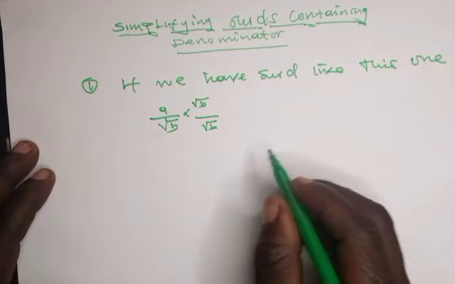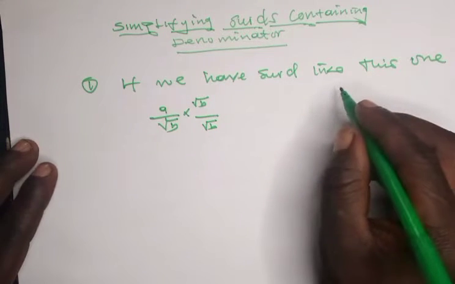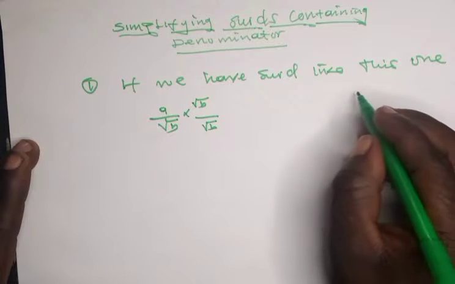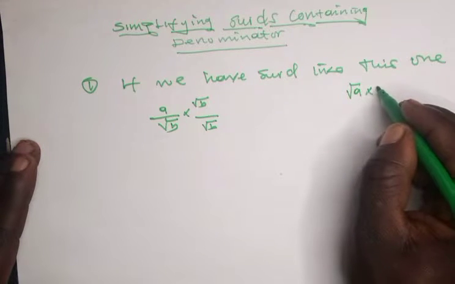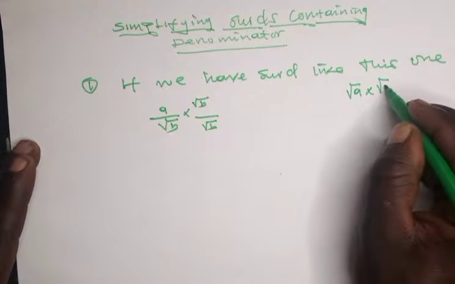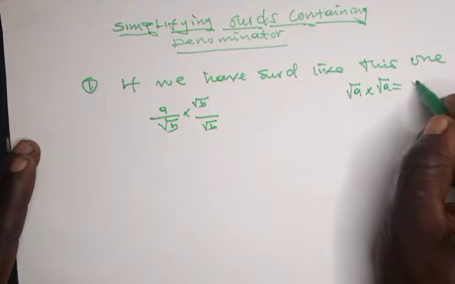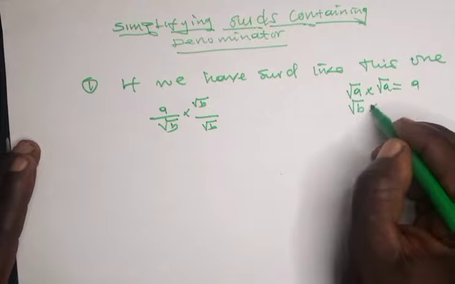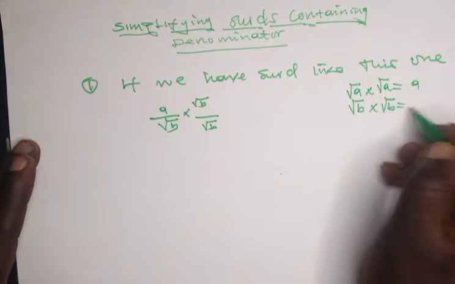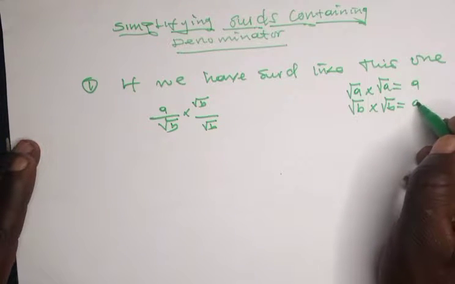Let's follow the rules which I introduced earlier, which was square root a times square root a, the answer is a. If you are given square root b times square root b, then it will be b.